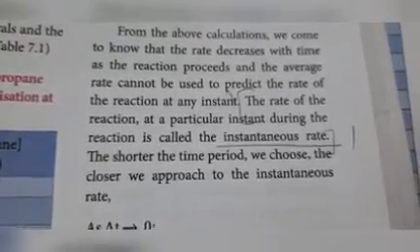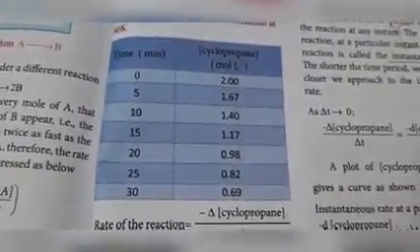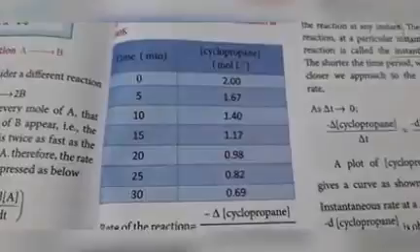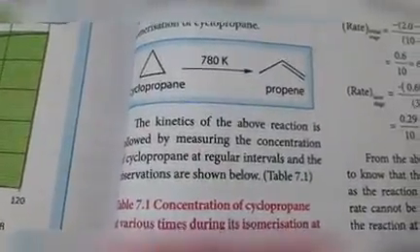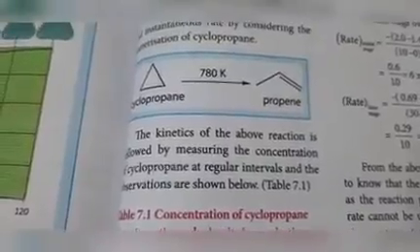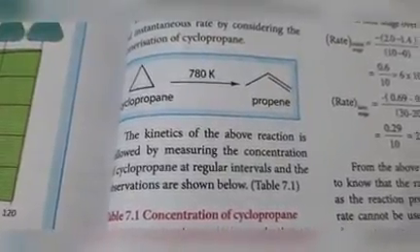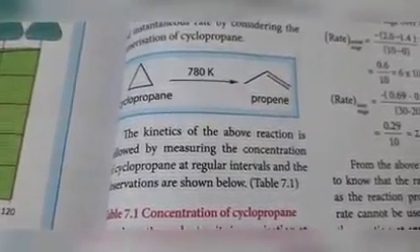We are going to understand this concept by using one example. One table is given, time and concentration of cyclopropane. One reaction is given: cyclopropane on heating gives propene. Here the reactant is cyclopropane.